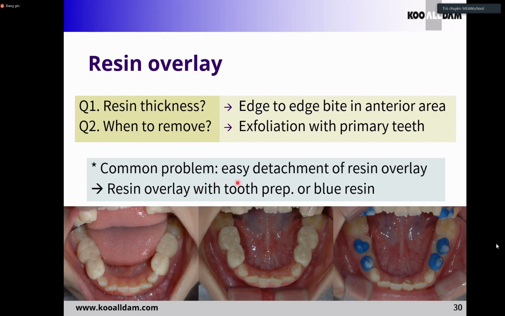The common problem is the easy detachment of resin overlay. So in some cases we may place resin overlay with tooth preparation. Originally we do not prep the teeth. In some cases we may use blue resin like this.